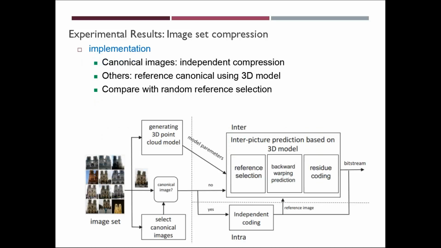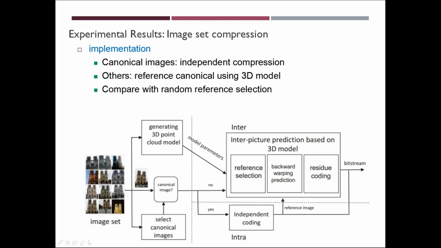And to further evaluate the efficiency of this method, we implement it into our image set compression scheme. This is the image set compression. The problem here is to compress the image set jointly, and we can exploit the redundancy between those similar images.